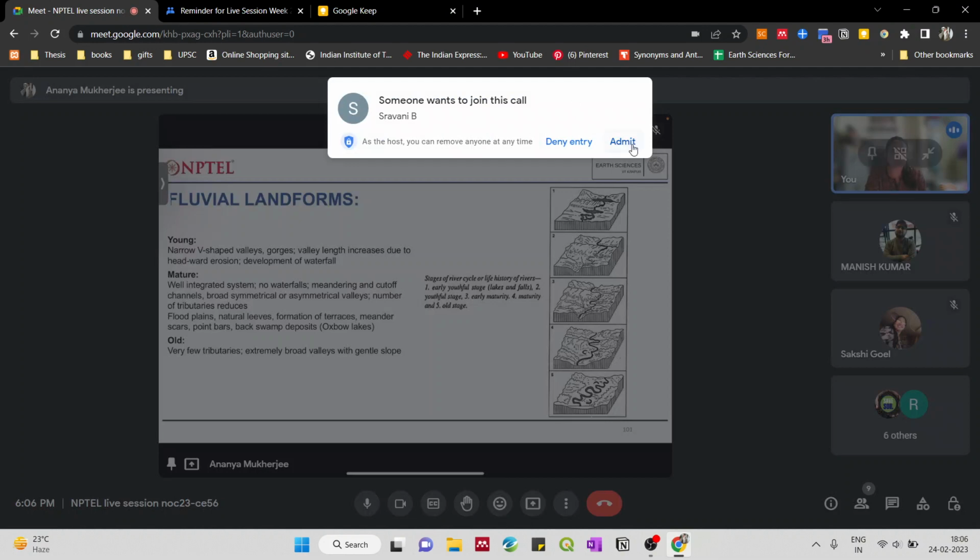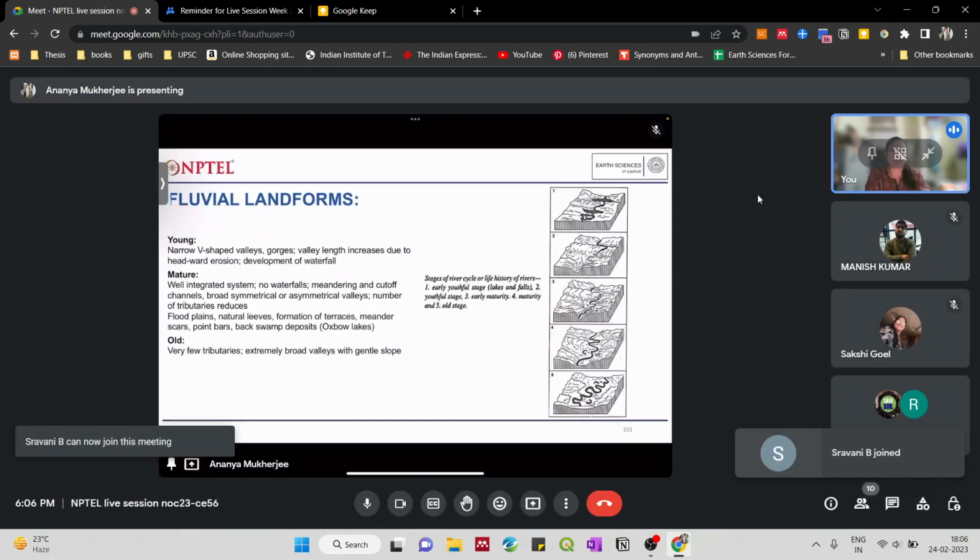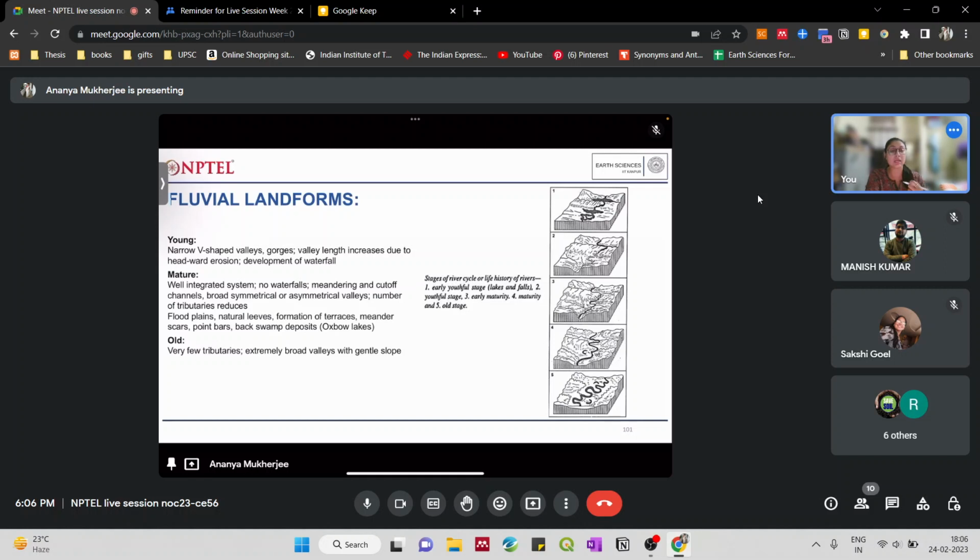So we have learned that fluvial is a term related to being of or originating from rivers. Because of the action of the rivers, or because of the water flow that we see in the rivers, a lot of changes are made by the erosional and depositional work that is done by the river.